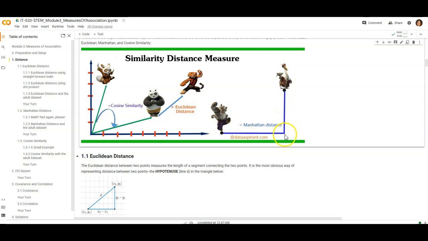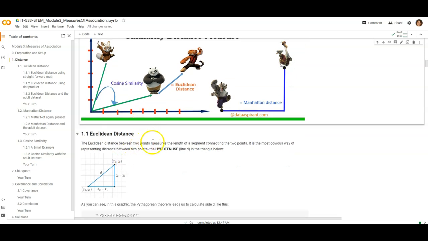That's a city block distance as well. So in the shape of a triangle, D here would be the Euclidean distance, and these 2 sides here would be the Manhattan distance between point x1, y1 and point x2, y2.